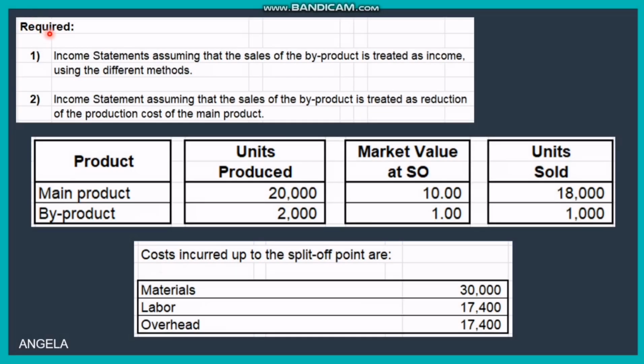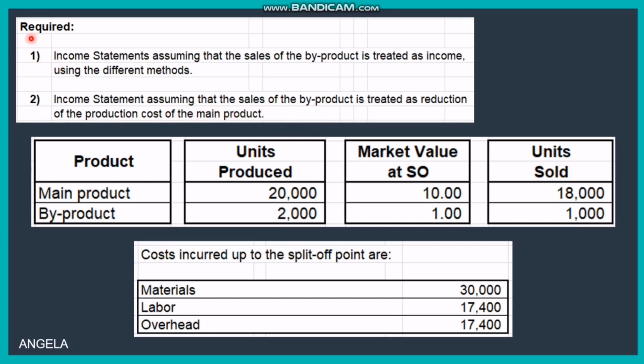The requirements are, number 1, income statements assuming that the sales of the byproduct is treated as income using the different methods. Number 2, income statement assuming that the sales of the byproduct is treated as a reduction of the production cost of the main product.